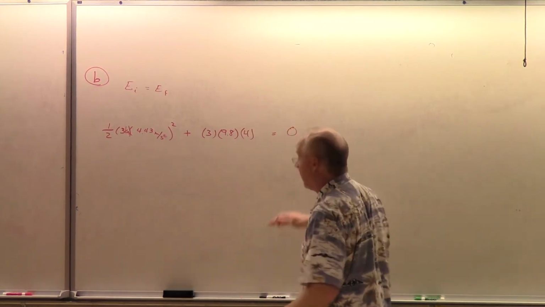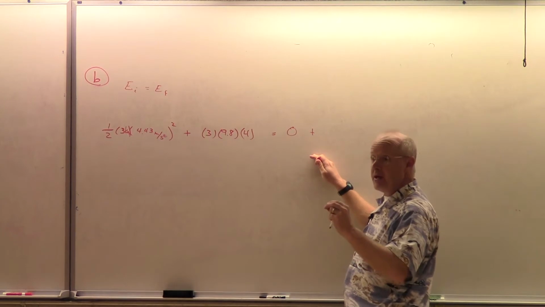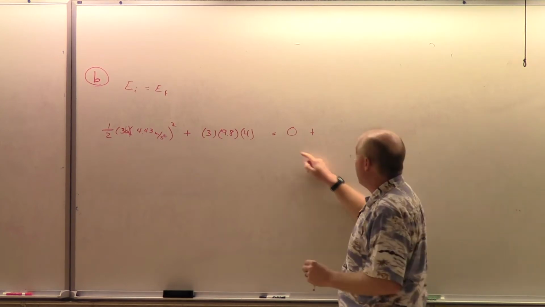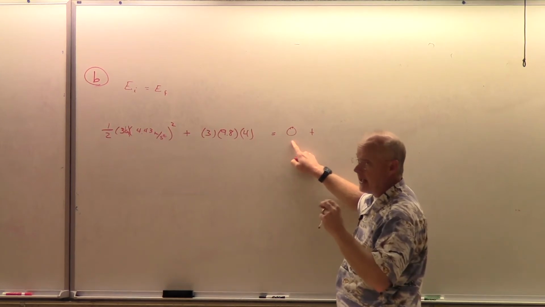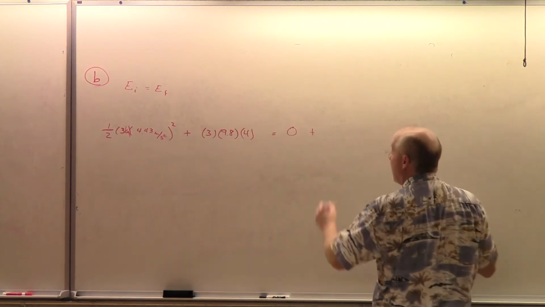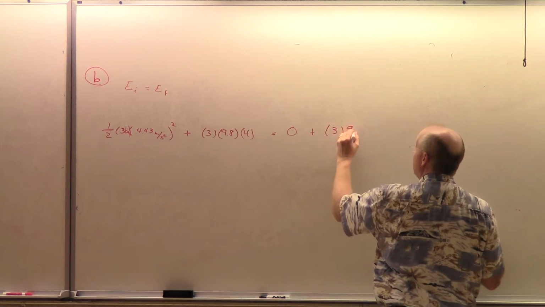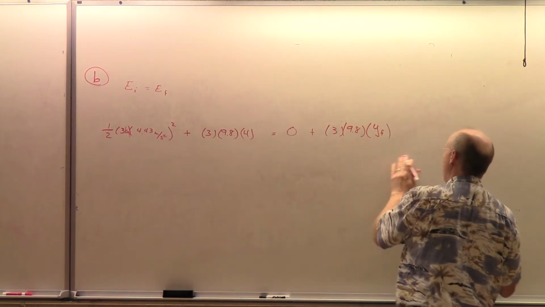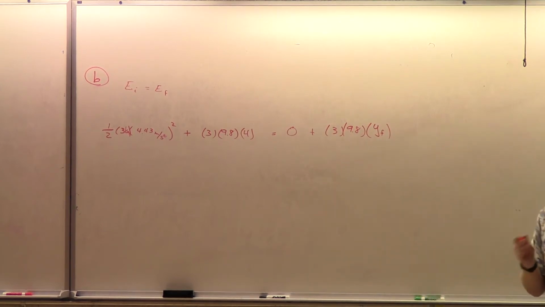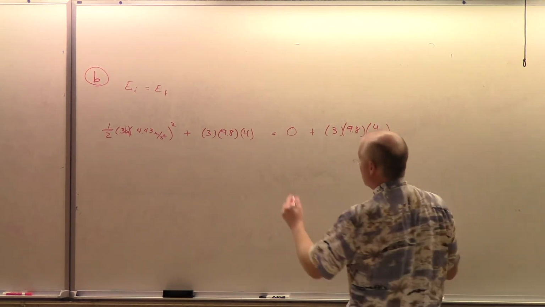My final then is what happens to that 3 as it continues to go up and eventually comes to a stop. And so its kinetic energy up there is 0, and its gravitational potential energy then is the unknown, that is, its height is unknown. And that's the unknown piece here.